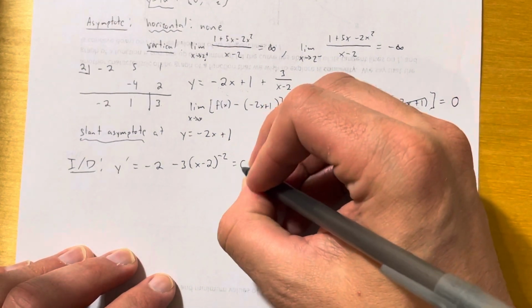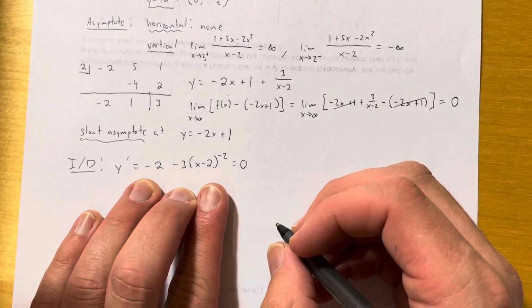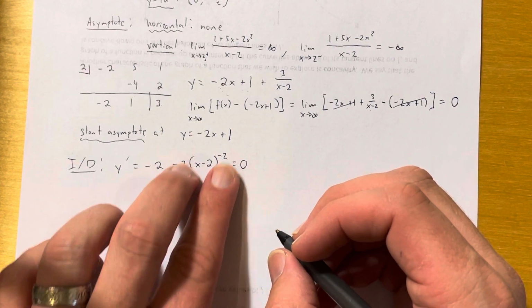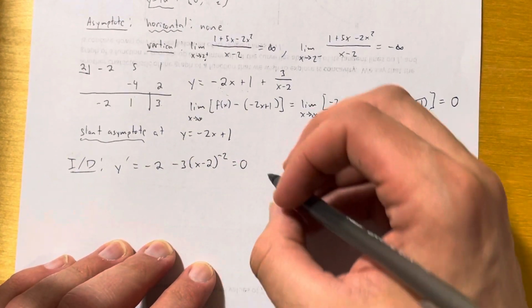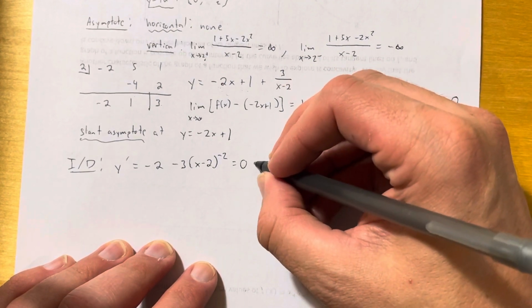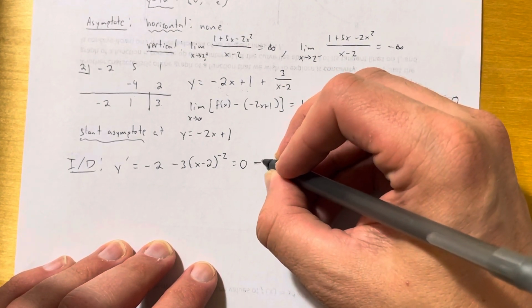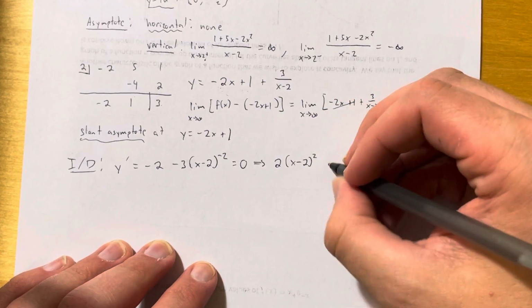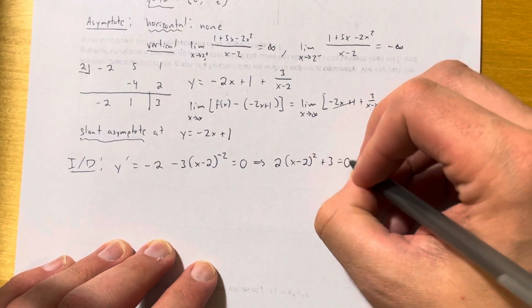I set that equal to 0. And then to solve it, I'm going to multiply both sides by negative x minus 2 quantity squared to get rid of this negative second power. That gives me 2 times (x minus 2) squared plus 3 equals 0.